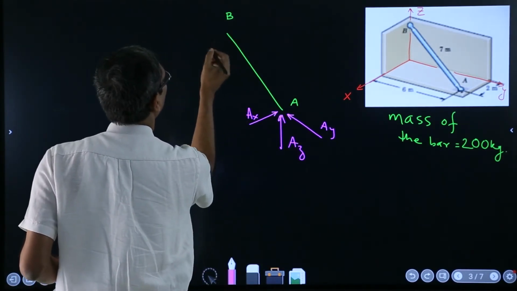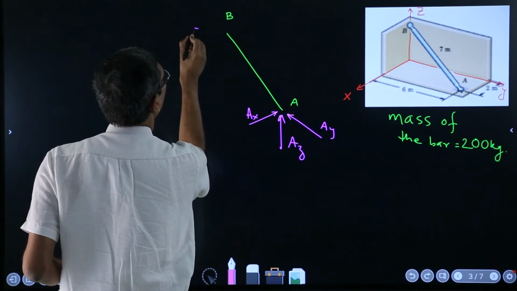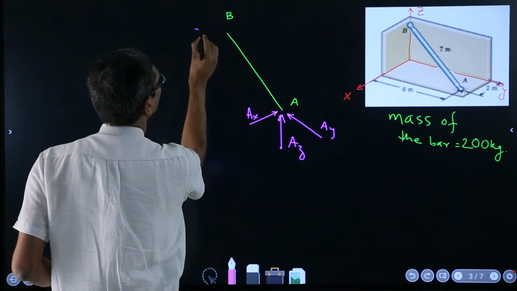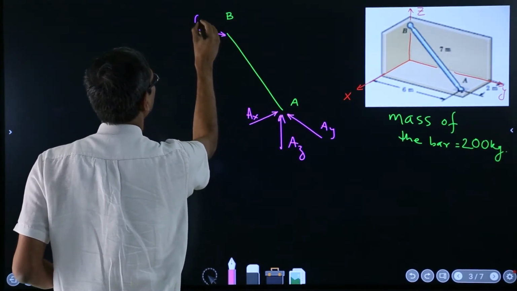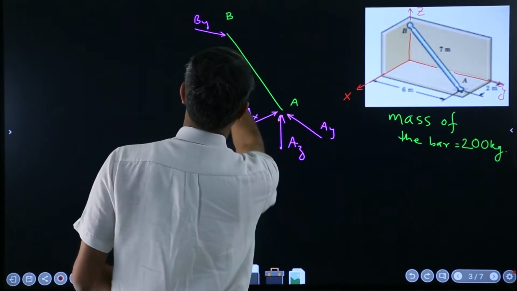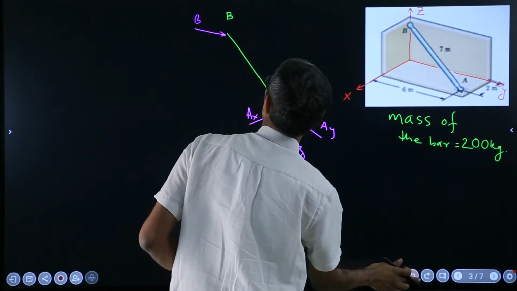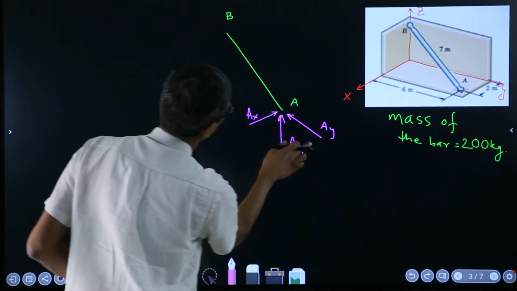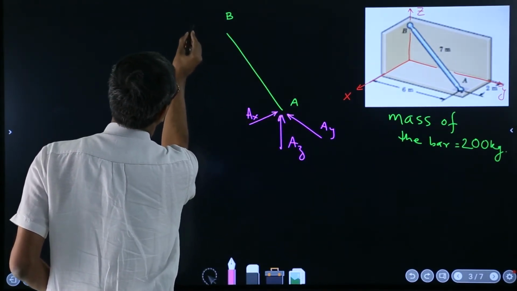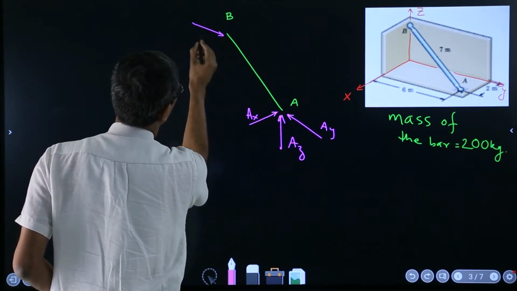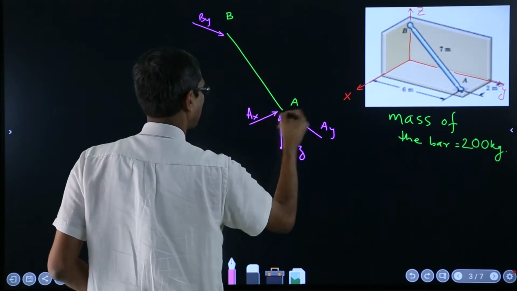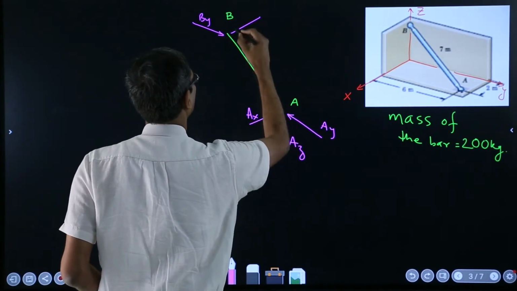Say suppose I call it like this. So this is BY, and this should be parallel to this. Sorry for that. I have taken this as the y direction, so in fact this should be BY, and BX is parallel to this.